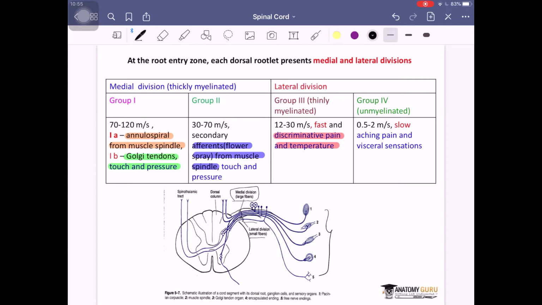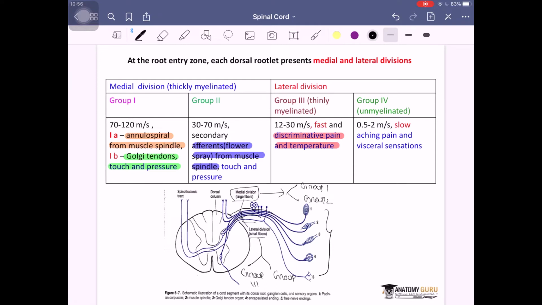If you take the medial bundle and do a conduction velocity test on all these fibers, you will find that the medial is divided into two types, which we call group 1 and group 2. The lateral one also has two types of fiber, called group 3 and group 4 fibers.